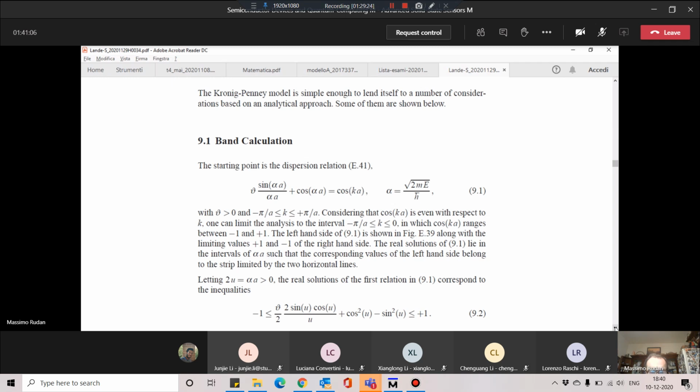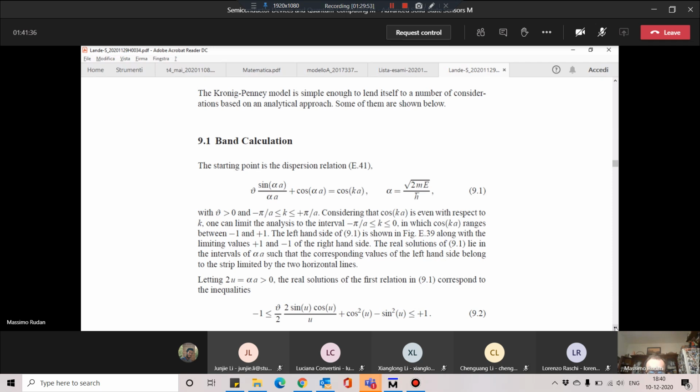Also, it is convenient to change the variable. So instead of using alpha A, we use a variable that is called U. U is equal to alpha A divided by 2. And of course it is non-negative because the parameter alpha is proportional to the square root of energy.